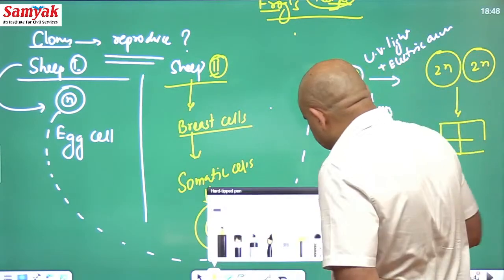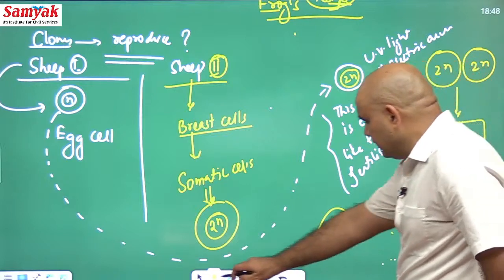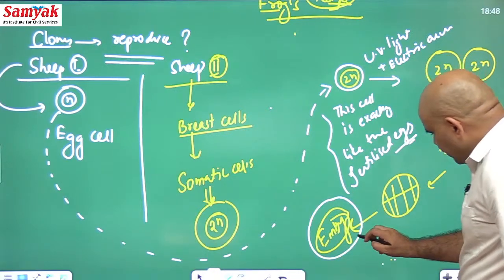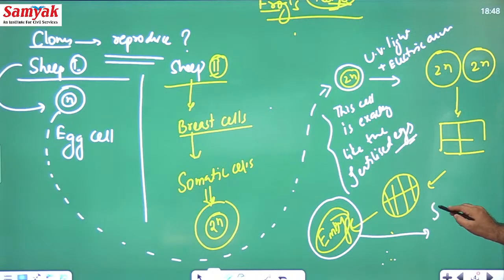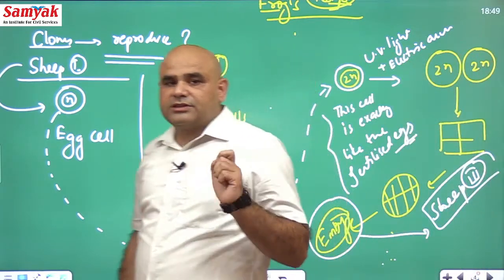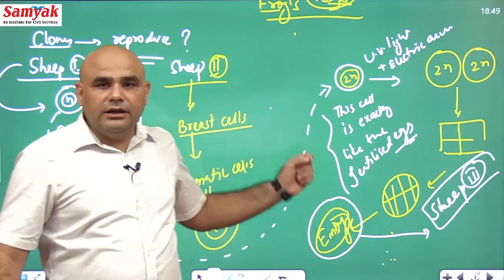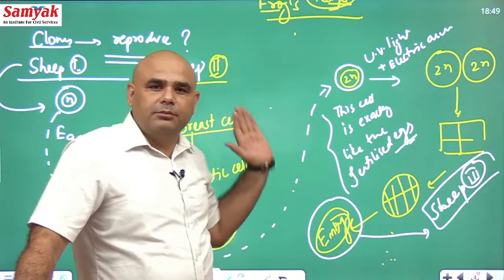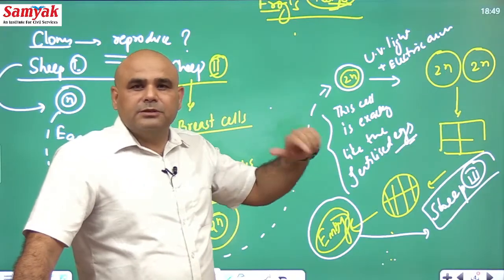Now in this stage, this cell was transferred into the womb of a surrogate mother. That means there is the entry of sheep number 3. So now sheep number 3 is pregnant with a cell containing the egg part, or germ cell part, of sheep number 1, but the nucleus of sheep number 2.